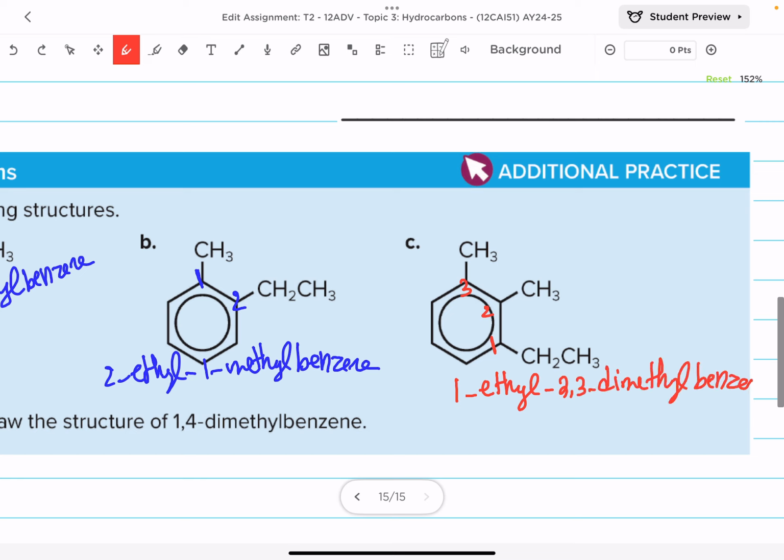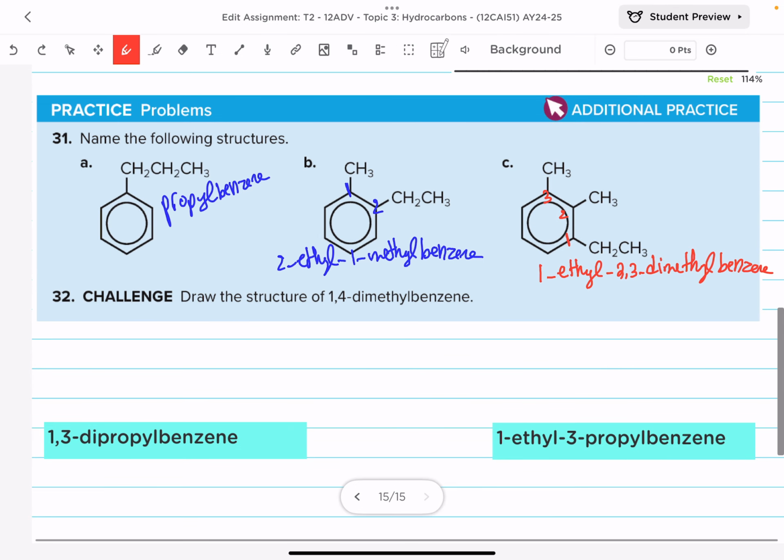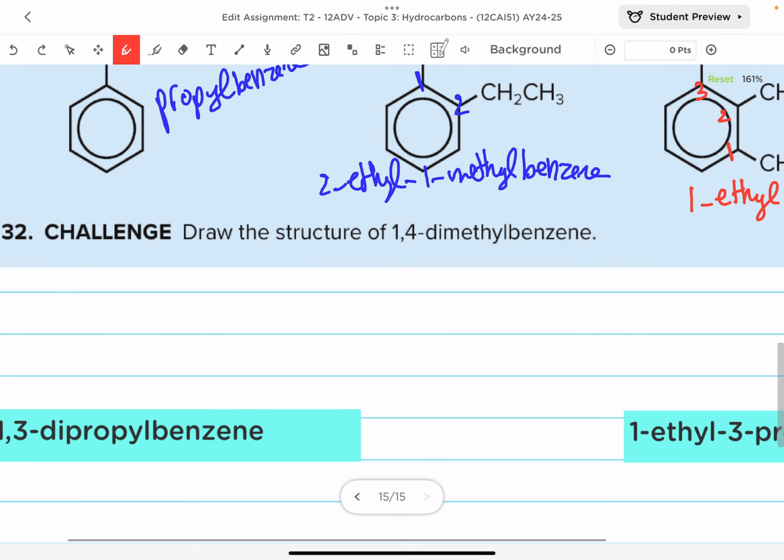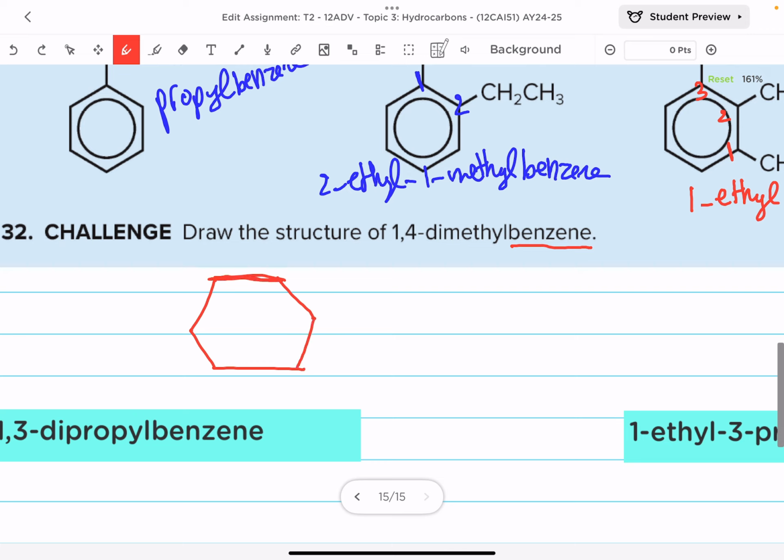Drawing. When they ask you to draw, you always focus on drawing first the benzene ring. That's a ring of 6 carbons, but it's not yet benzene. I can do it like that, or I can do it like this, or like this way.